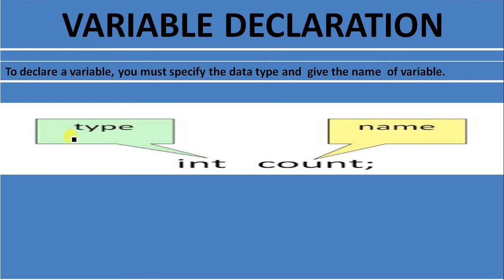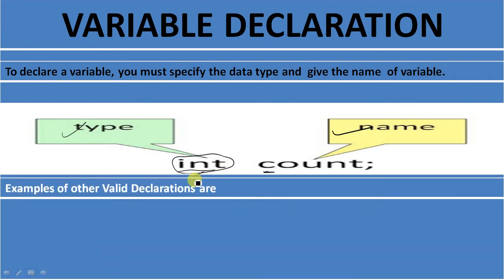This is the type, and this is the name of the variable. Int is a data type, which means this count variable will hold int type values.